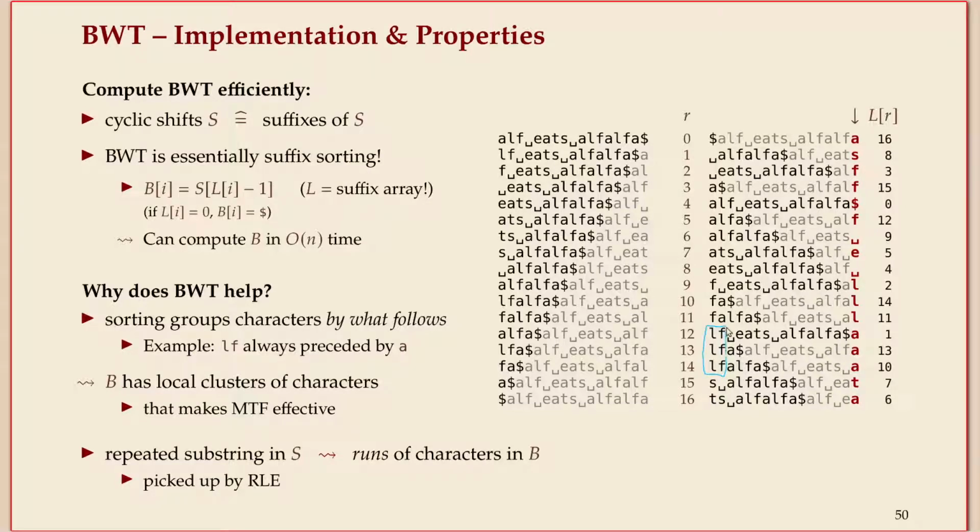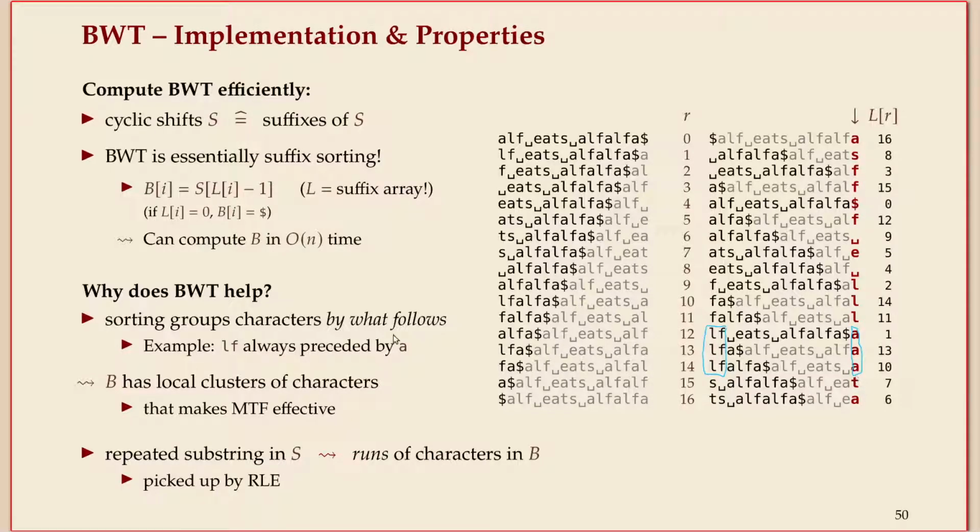LF is repeated in these positions. And you see it's grouping these A's together into a run. The reason is that we have this ALF three times, and it's contiguous here. So all the occurrences of LF in the text are actually preceded by an A. If there were other things that precede LF, they would also be in this little contiguous range.